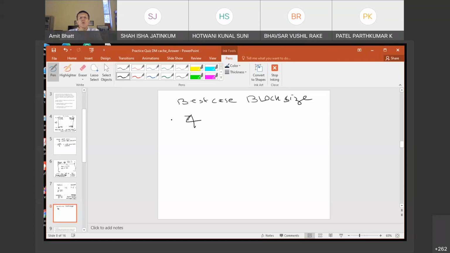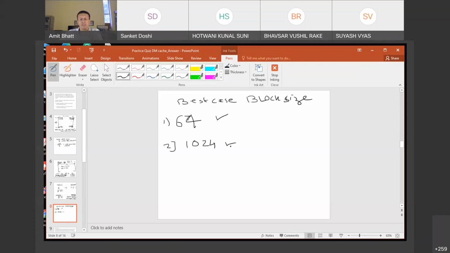So one whole row can be brought in. Is that correct? So this is one answer. Sir, I think we can take 1024, the whole 1024 word block. Okay. So someone is saying we should have a block size of 1024.